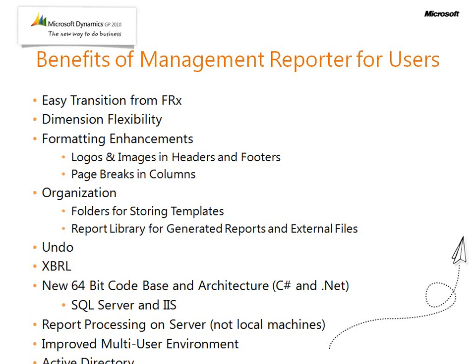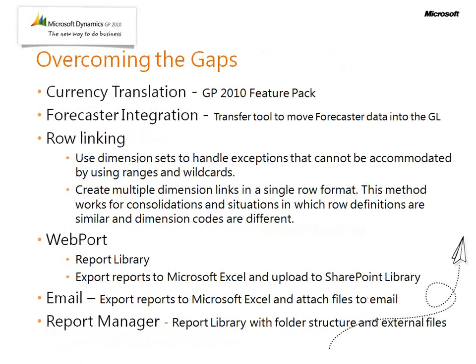It also does make use of Active Directory. Currency translation, I don't think any of us in attendance today are concerned with that all that much, but it does integrate Forecaster, which is very nice. I'm not talking about the manufacturing forecaster, we're talking about general ledger and budget forecasts called into the application, and you can do that.